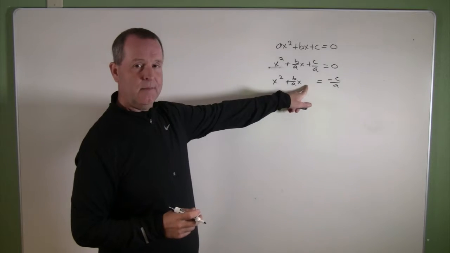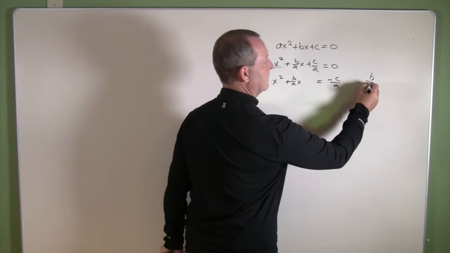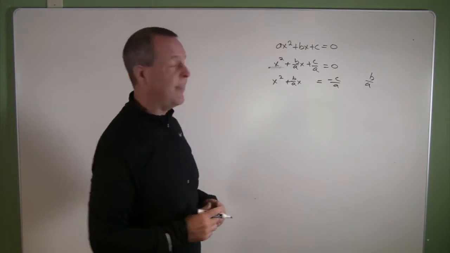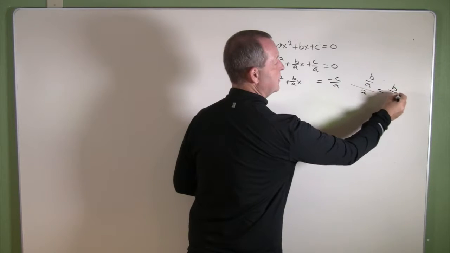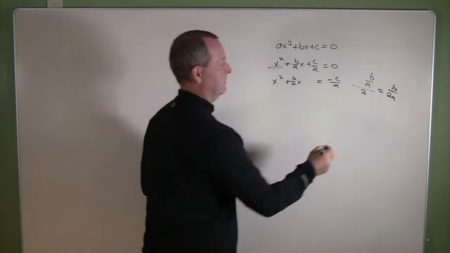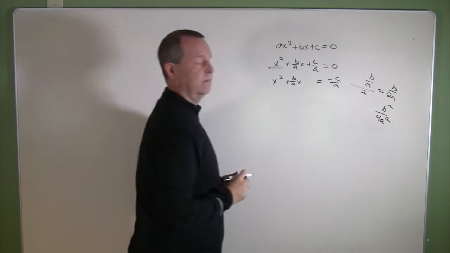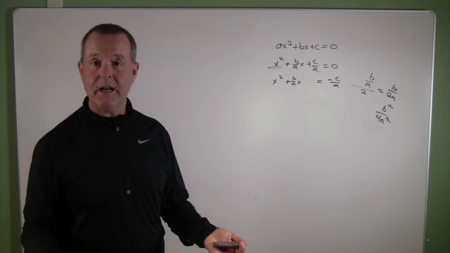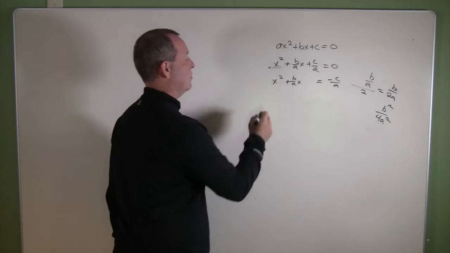How do we find that term? Well, we take this middle term, which is b over a, divide that by 2, and that produces b over 2a, and then I square it. So that's the perfect number that turns this trinomial into a perfect square trinomial.